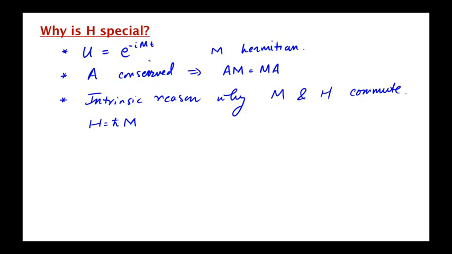Okay, so maybe let me actually go through it quickly. You can read about it in the notes if you're interested, but let's just go over it. So the rough form of reasoning is that, in order for M and H to commute intrinsically, one way we can imagine it is if H is actually some function of M, some polynomial in M in general.